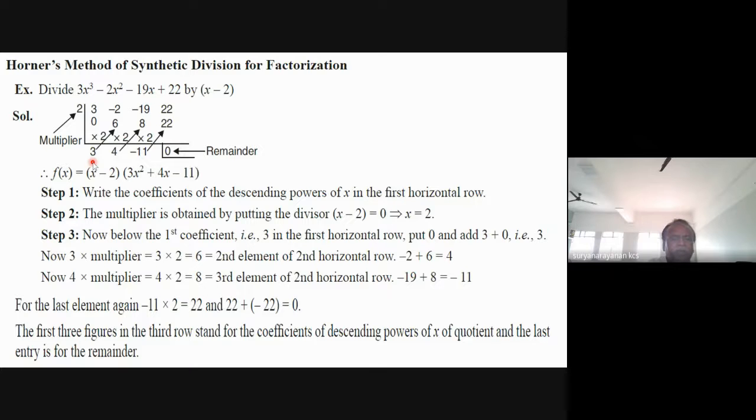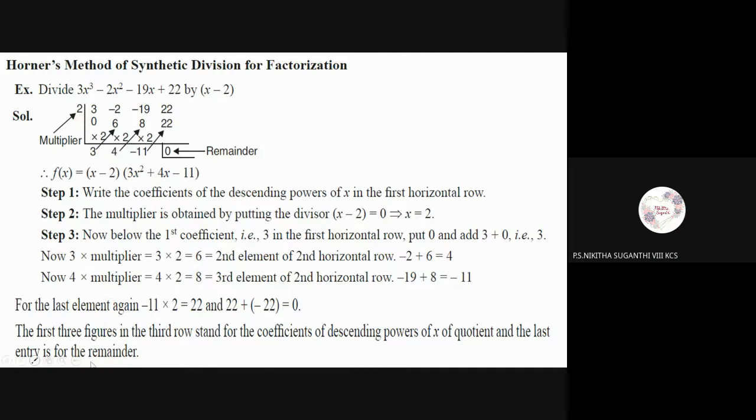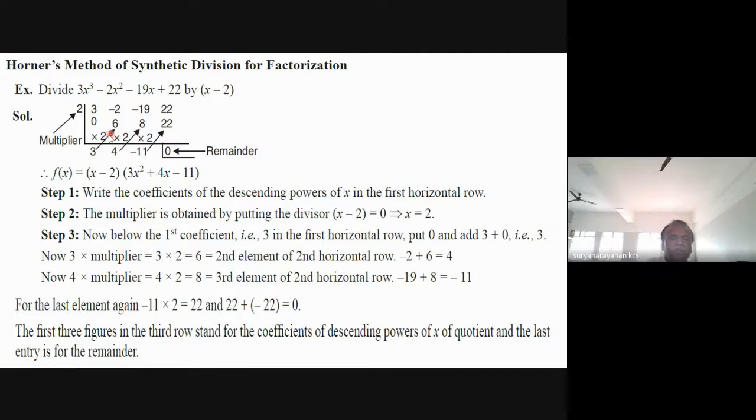Now we have to multiply this number by the multiplier. What will you get? 3 into 2. So 6. Whatever answer you got here, write that just below the second coefficient.